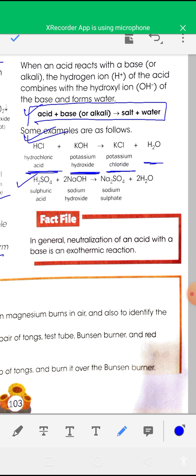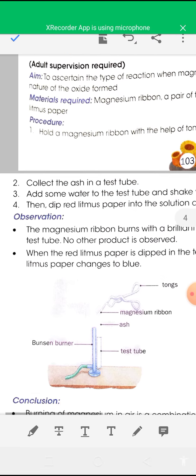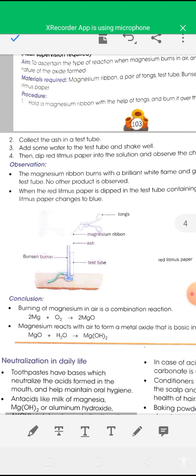One more example: H2SO4, sulfuric acid, plus sodium hydroxide NaOH gives salt Na2SO4 and water H2O. Both neutralization and precipitation reactions are double displacement reactions.